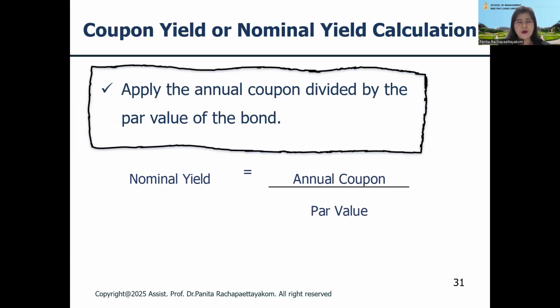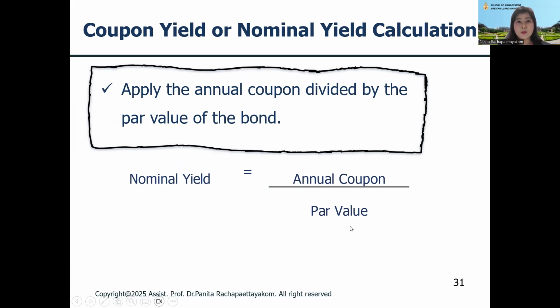So how do we compute the coupon yield or the nominal yield? You take the annual coupon, meaning the coupon you get from the investment over the whole year, divided by the par value.